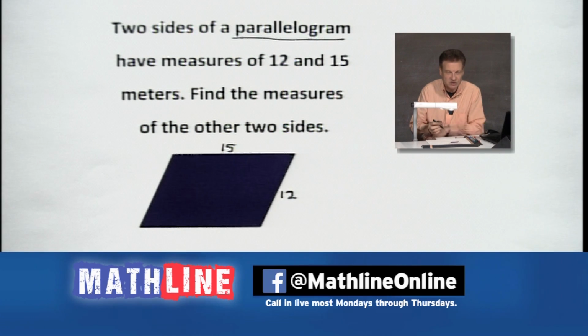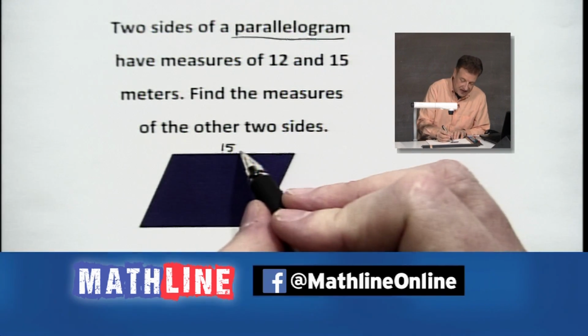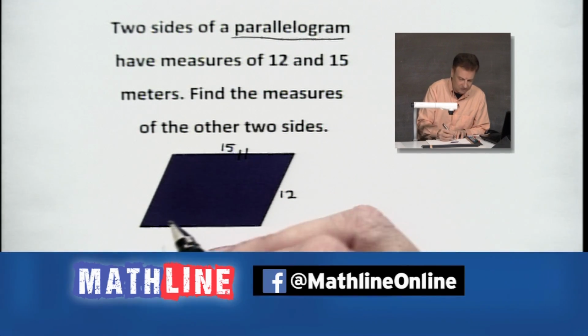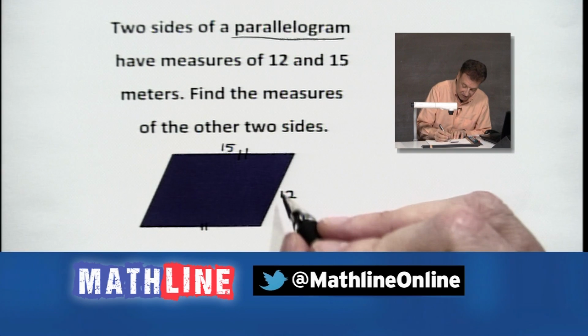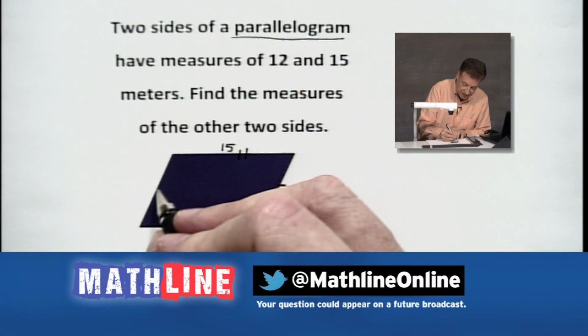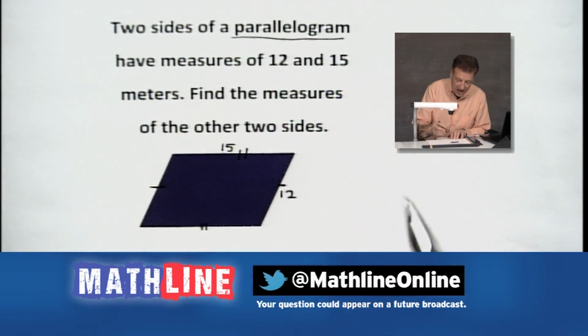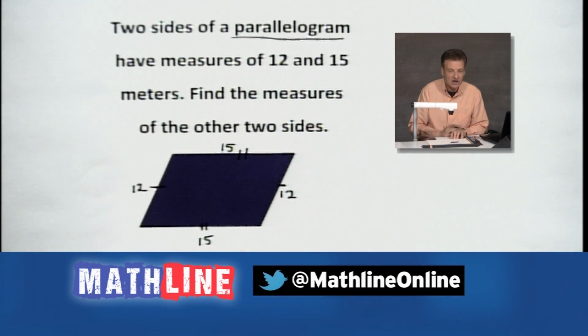It's a parallelogram, so we got a parallelogram working here. This means the opposite sides, this one is going to be congruent to this one down here. How about that? And this little guy over here should be congruent. We'll tick it out there to this one, all right? And that's going to give us 12. It's going to give us 15. And you know what? You have all the sides that you need right there.